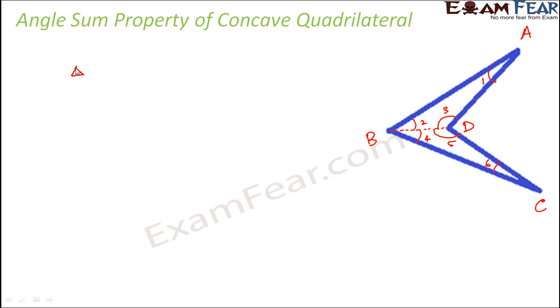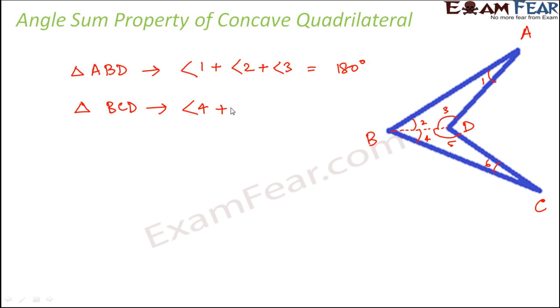Now if you consider triangle ABD, the sum of the three angles, angle 1 plus angle 2 plus angle 3, would be equal to 180 degrees. Similarly, in triangle BCD, angle 4 plus angle 5 plus angle 6 will also be equal to 180 degrees. Let's call this equation 1 and this equation 2.